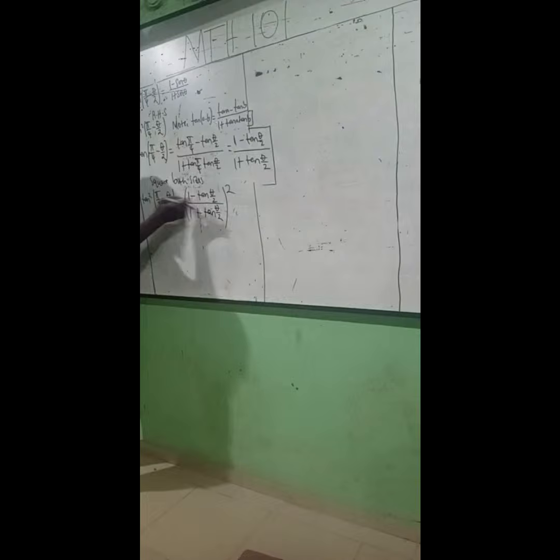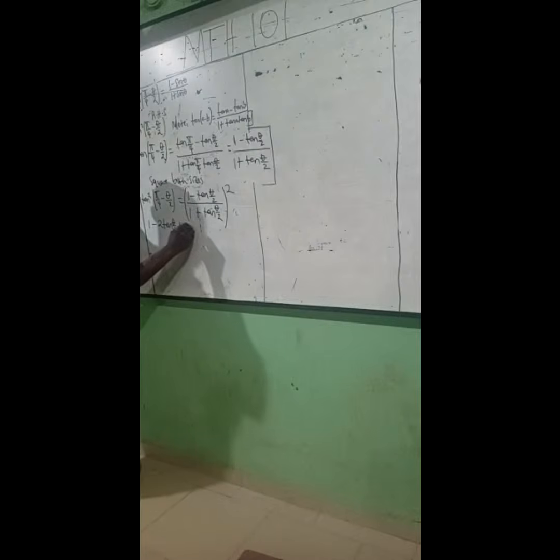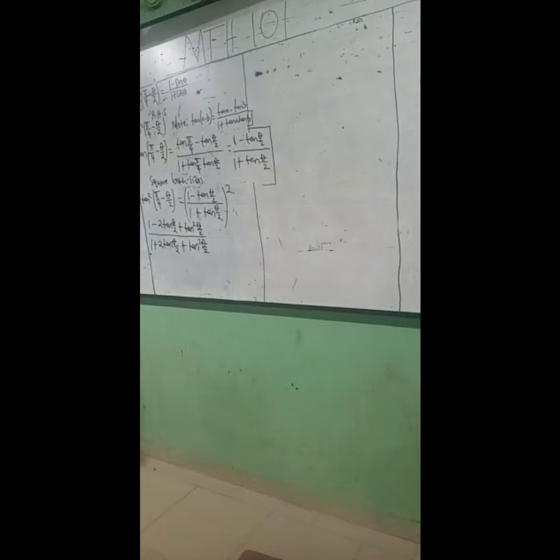Squaring the numerator, a minus b gives a squared, that's 1, minus 2 times 1 times this, 2 tan(θ/2), plus b squared, tan squared (θ/2), divided by 1 plus 2 tan(θ/2) plus tan squared (θ/2). Is it clear to that part?